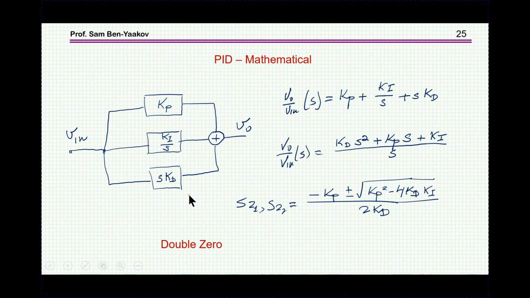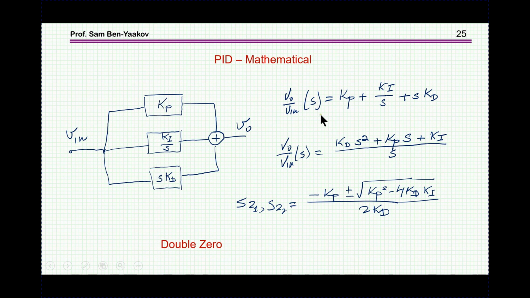And PID means that you have actually a summation of 3 parts. One is the proportional, one's the integral with its own coefficient. This is the coefficient for the proportional, and it's divided by S means that it's an integral, and you may have a differential part also. So this is proportional, integral, and differential, and here we have the S for the derivative operation.